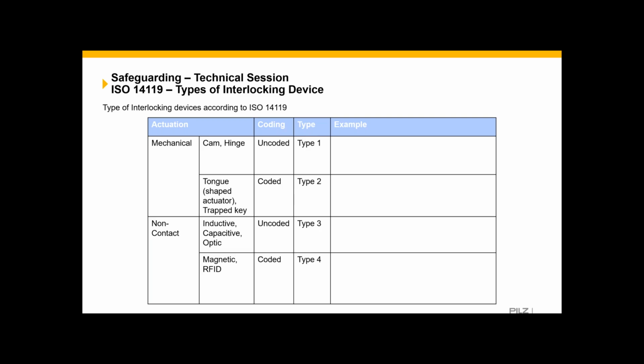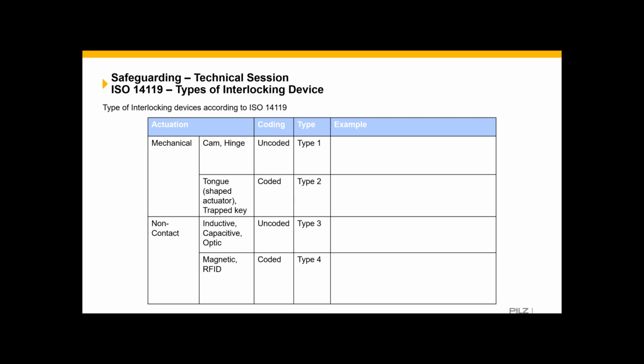What we mean by the coding is low-level coding, for which 1 to 9 variations in code are available. Medium level, 10 to 1,000 variations in code, and high level, where there are more than 1,000 variations of code. High level covers uniquely coded RFID systems. Medium typically covers trap key systems and some limited RFID systems.